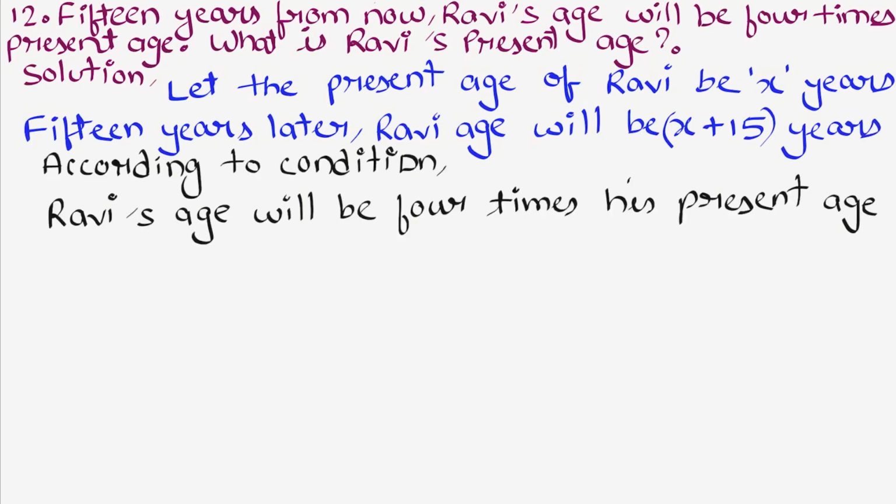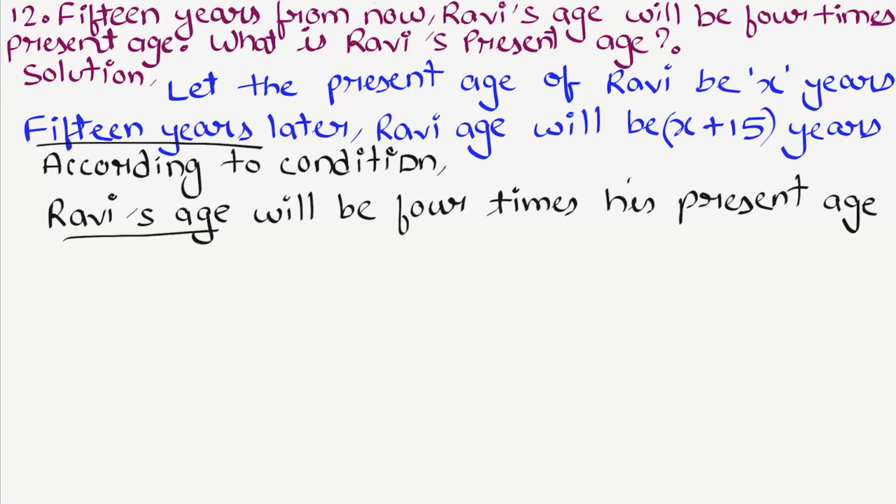Now according to this statement, with the help of which we are going to form the linear equation, Ravi's age will be 4 times his present age. Here, we are not talking about his present age, we are talking about age after 15 years. His age after 15 years is being compared with his present age with a certain number.